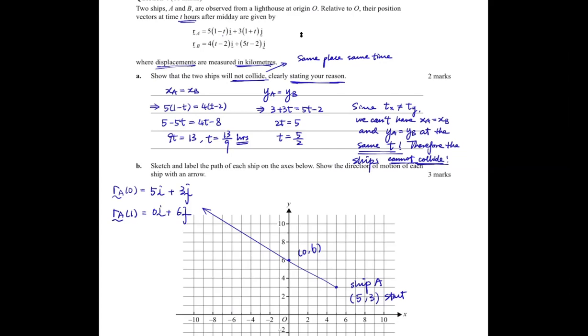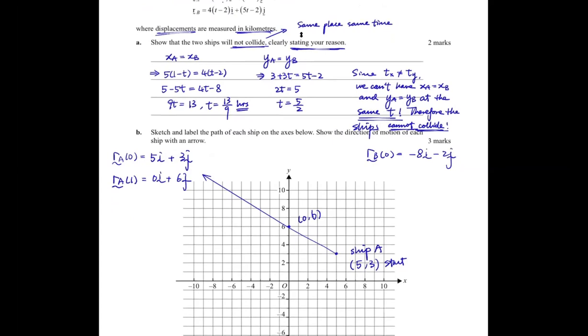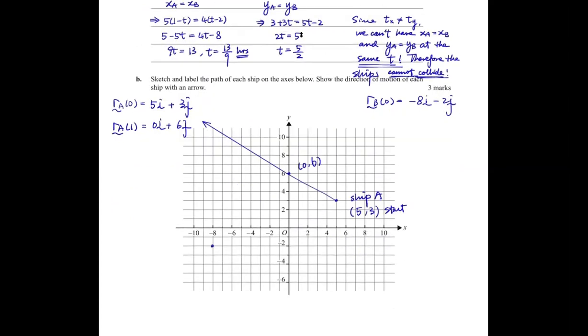Now, another path for the second ship, ship B. Let's see. Initially t equals 0: minus 8i minus 2j. Minus 8, minus 2. How about rB at t equals 1?